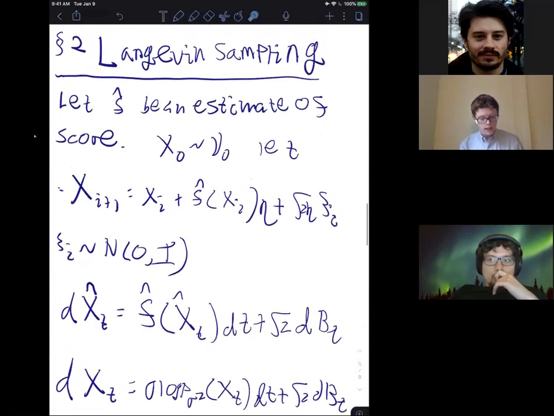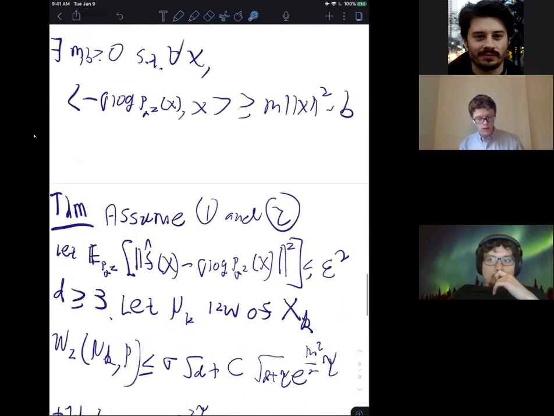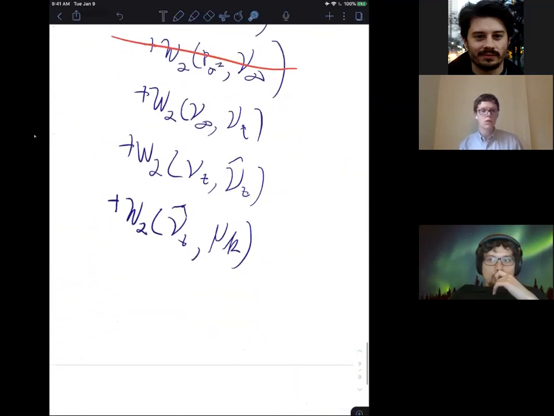The hat is the estimated diffusion. Gotcha. So the way to envision this is that we have two diffusions running. The idea is that hopefully they're pretty close to each other, because one has its drift given by the estimate of the score, and the other is given by the actual score.